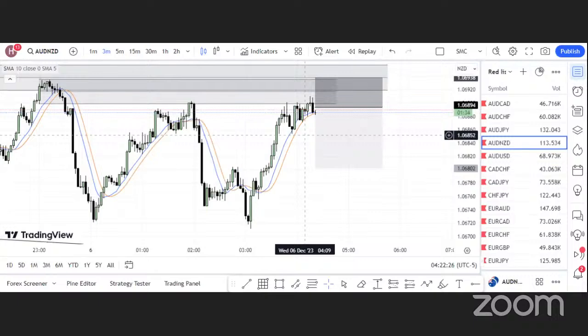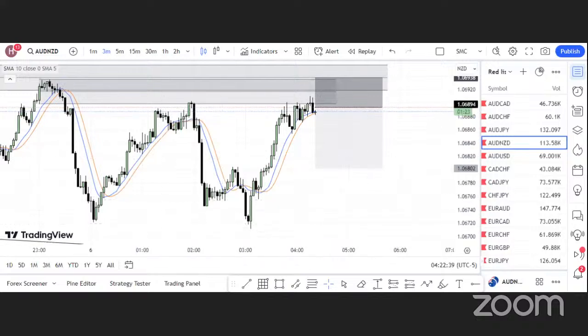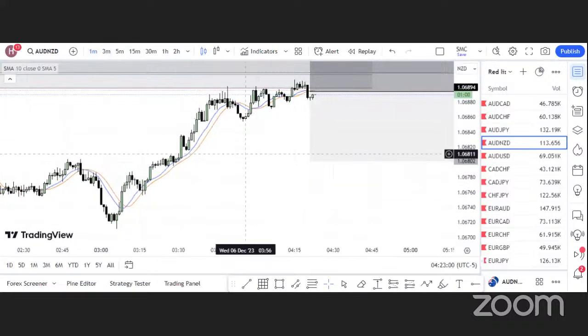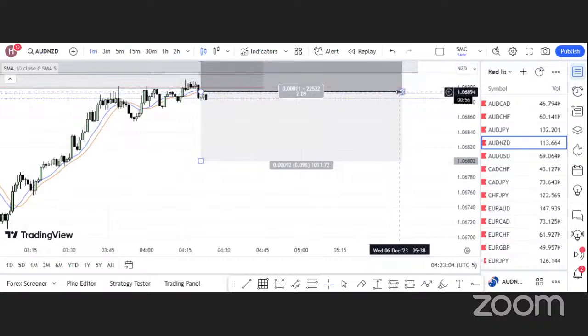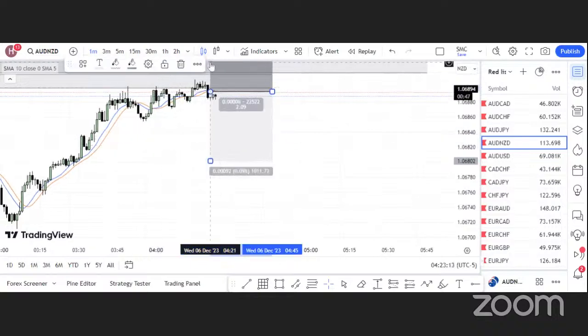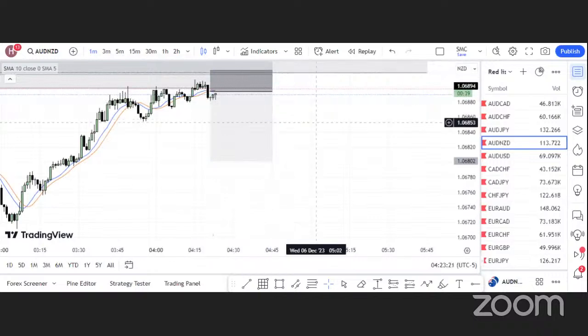Once we get the confirmation, we are selling immediately. So once we get a confirmation, we sell AUD NZD immediately.